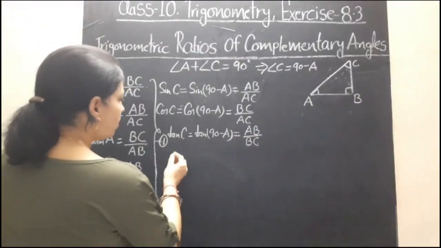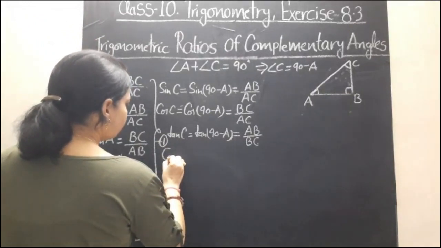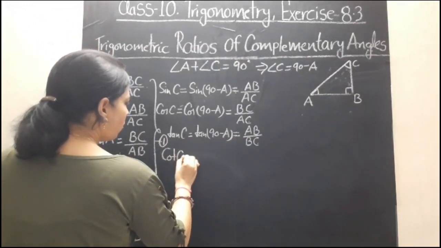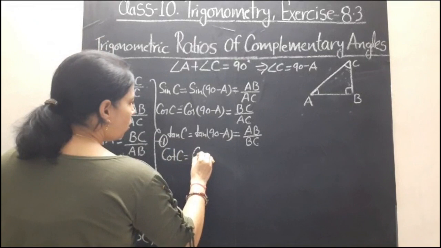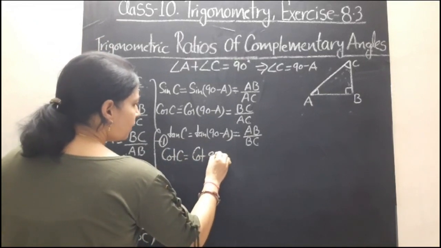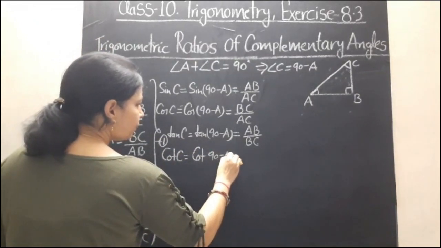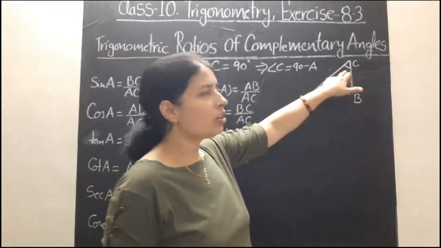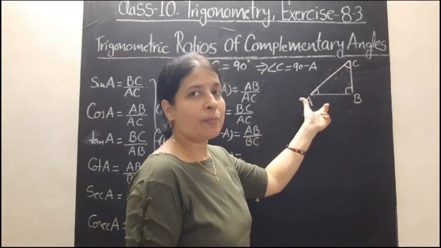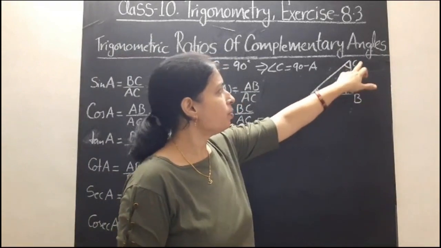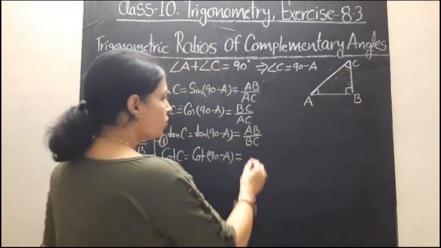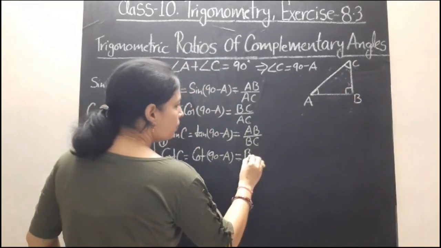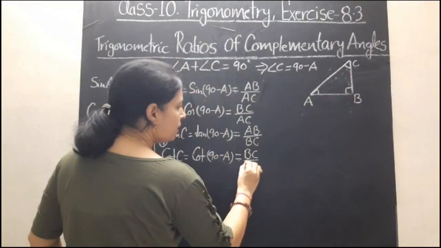Then cot C is equal to cot 90 minus A. For this angle, cot C will be base by perpendicular distance. That is BC by AB. So write BC by AB.